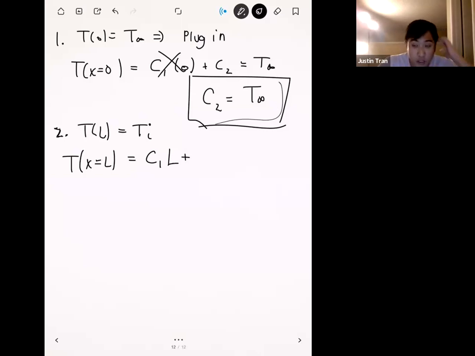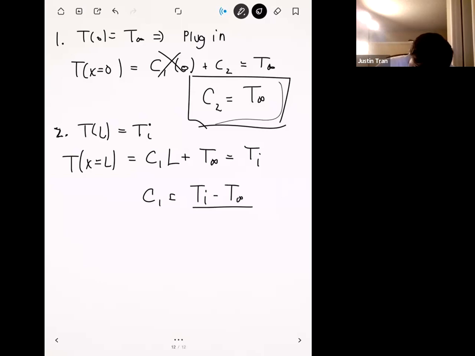But we've already determined C2 from the previous equation, so we know C2 is equal to T infinity. On the right-hand side, we're going to have Ti. If we solve for this, then we get C1 is equal to Ti minus T infinity all divided by L.